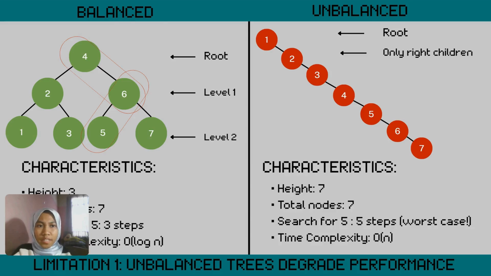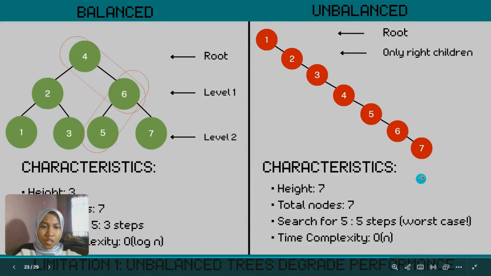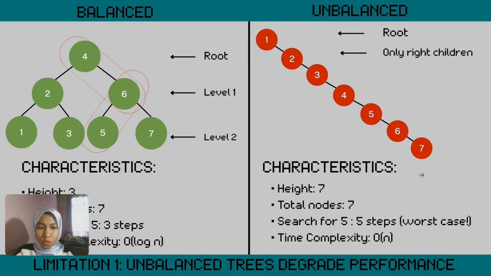But on the right side, the unbalanced one, it is much slower. We have to go through from 1 until 5, which is 5 steps in total. So the time complexity is O(n), which is much slower than the balanced one. If the tree has 1000 nodes, this difference becomes huge, about 10 operations versus 1000 operations. That's roughly 100 times slower.